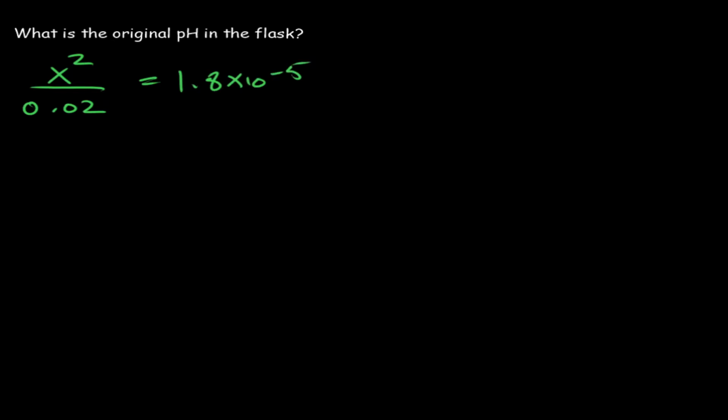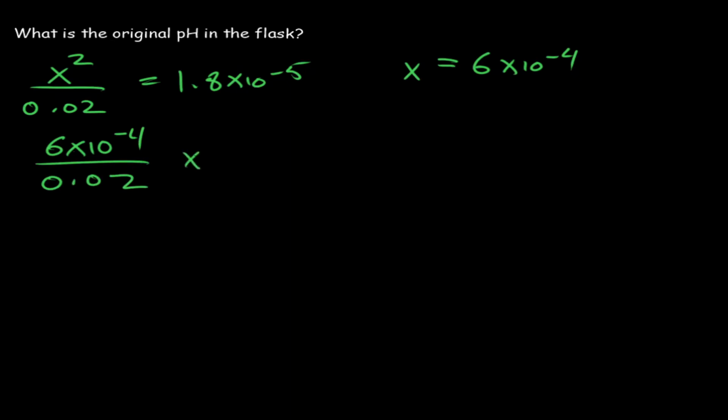This is the approximation method because we're going to be ignoring X in the denominator, and if we do that, we get a value of X equal to 6 times 10 to the negative 4. So let's check if this value is less than 1% of the original concentration. We do 6 times 10 to the negative 4 divided by the original concentration, which is 0.02, multiplied by 100%. We get a value of 3%.